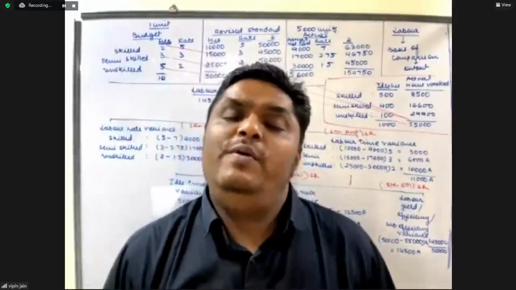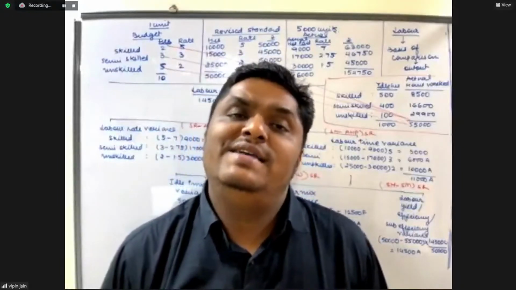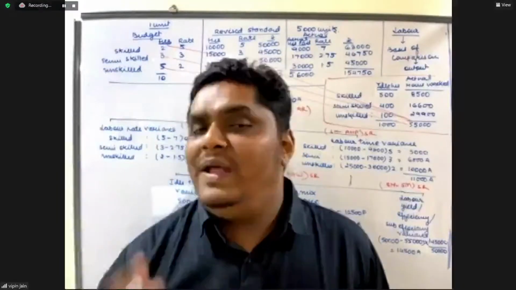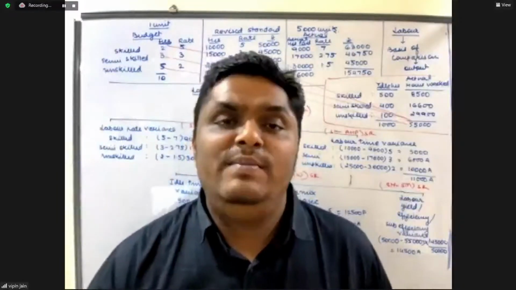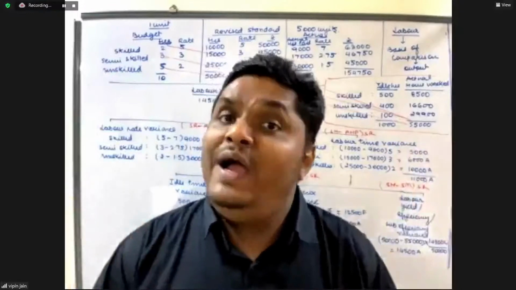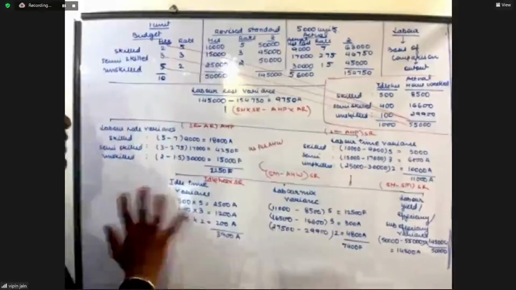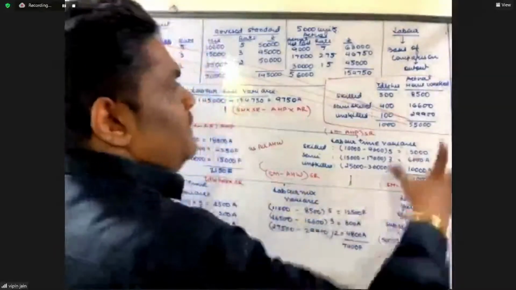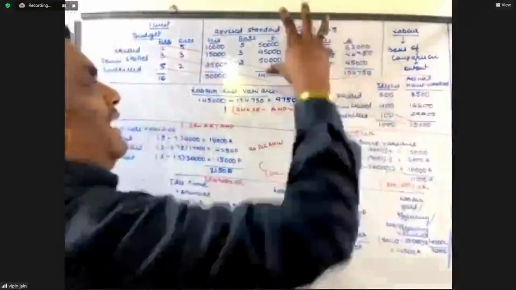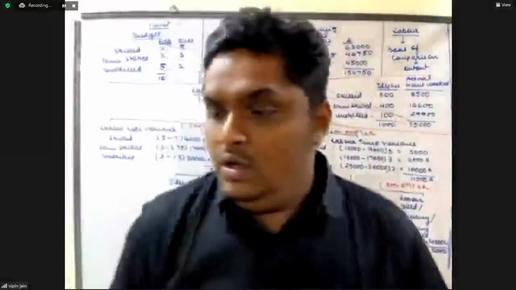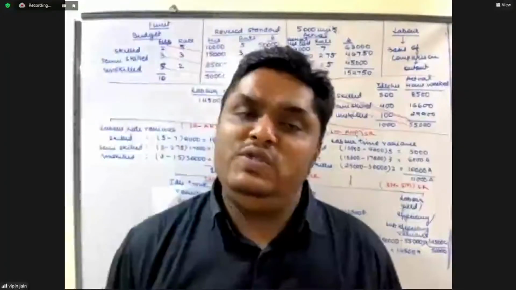But if idle hours are given, then we will first calculate idle time variance. For mix and yield, we'll be using actual hours worked rather than actual hours paid. So this is the way you have to solve the question.